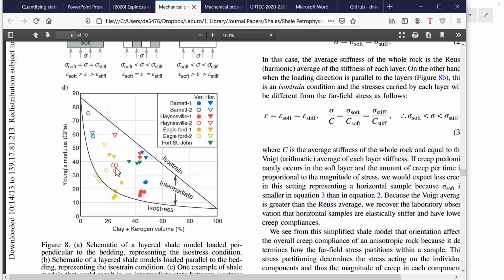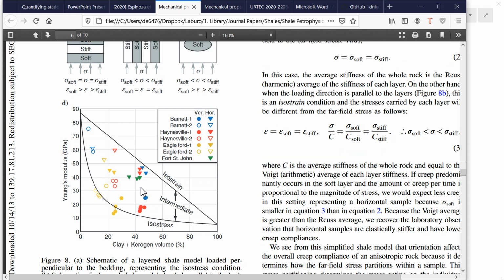There is something else very interesting to notice in this plot, and it is that this data is plotted as a function of mineral composition. For example, what we see in shales is that as the amount of clay and kerogen, which are usually soft components of the rock, increase, these Young moduli decrease, and that also affects directly the anisotropy of the rocks.